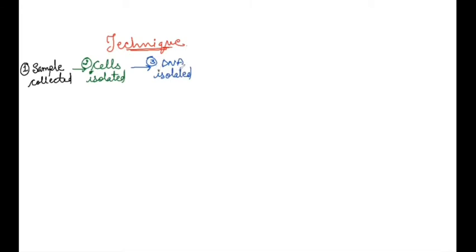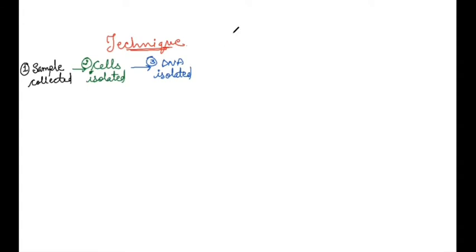Okay, so this is a simple line diagram, we can say, which will make it easier to learn and understand this technique. Cell lysis, then chilled ethanol is added to precipitate and isolate DNA from protoplasm. The minimum amount of DNA is 1 microgram.